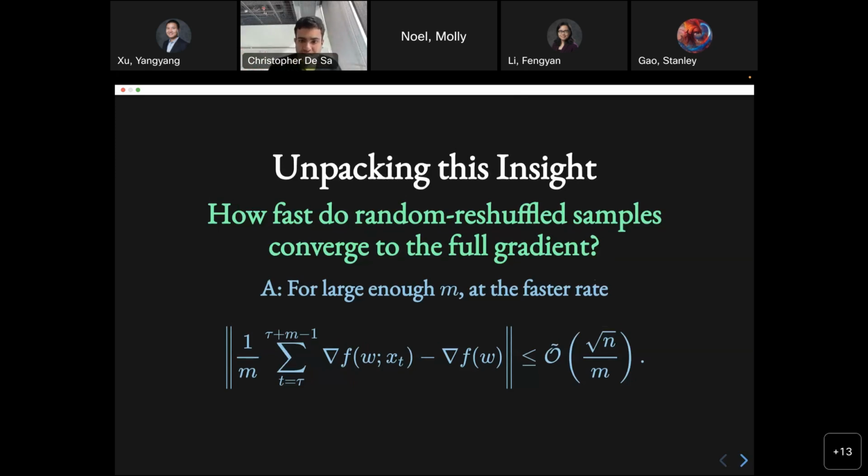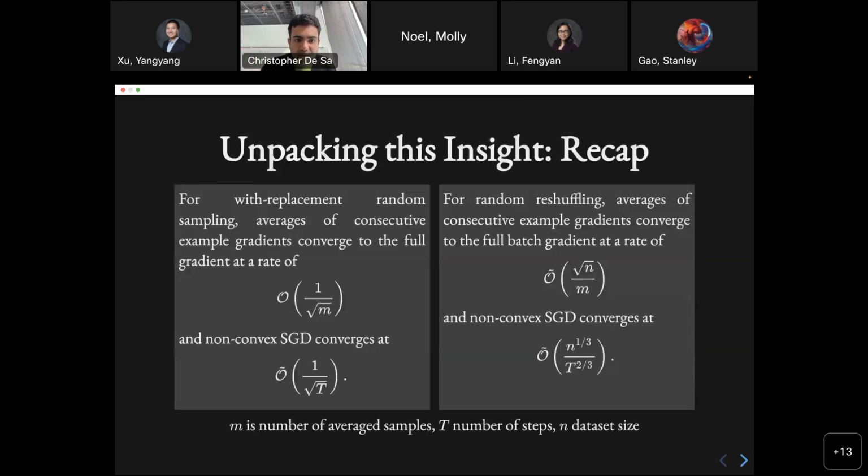What's interesting about this is that it seems to relate to the faster rate you get from random reshuffling versus with-replacement SGD. For with-replacement SGD, consecutive example gradients converge to the full gradient at a rate of 1 over square root of m. That happens to be almost the same rate, except replacing m with t, at which non-convex SGD converges.